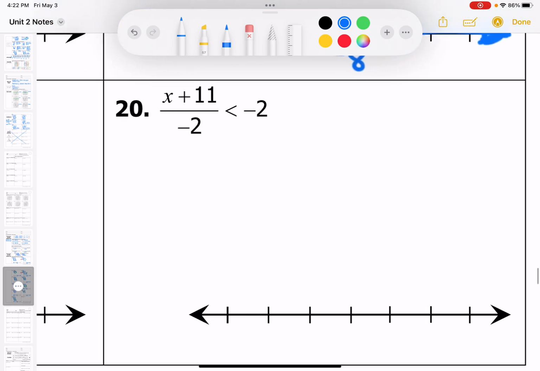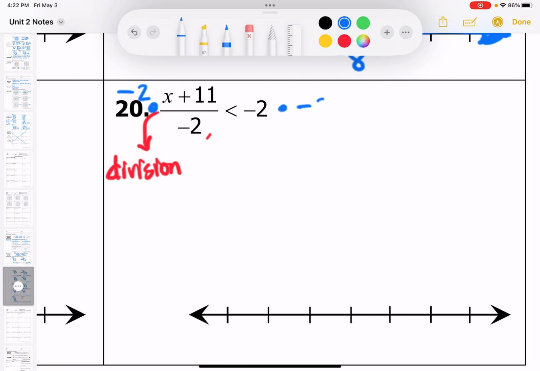All right, last one, number 20. (x + 11)/-2 < -2. So remember, this bar means division. In order to get that negative 2 out of the bottom, I have to do the opposite of division, which is multiplication.